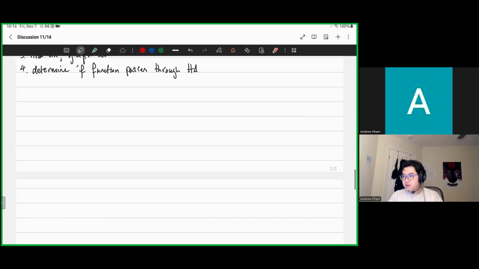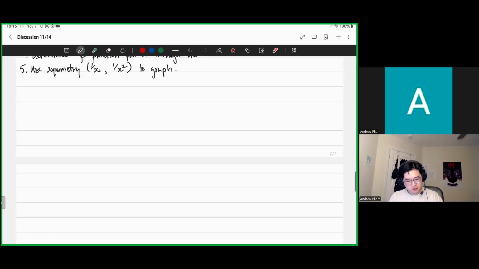And then finally, we're going to use symmetry, as in we're going to use the shapes of the parent functions 1 over x or 1 over x squared, and then plot points to graph the function. Okay?